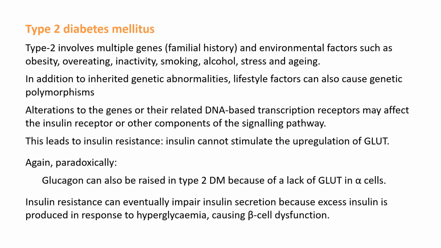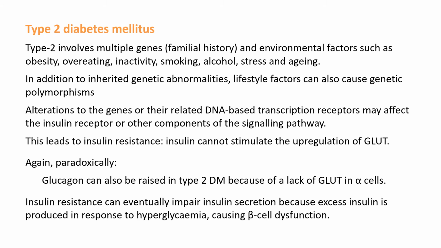What can happen eventually, and this is why it's important in type 2 diabetes to try and modify people's lifestyle factors, is that if insulin resistance continues or worsens, it can eventually impair insulin secretion, because what you're doing is constantly stimulating an excess of insulin in an attempt to reduce the hyperglycemia.